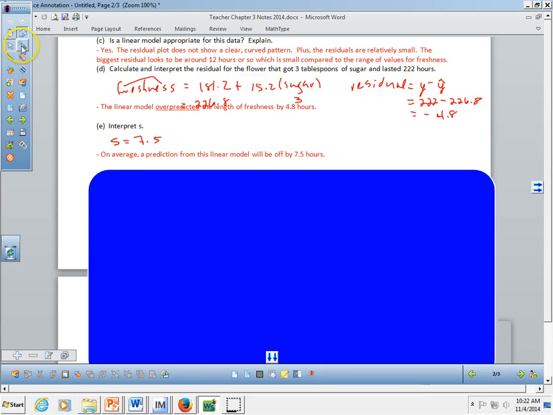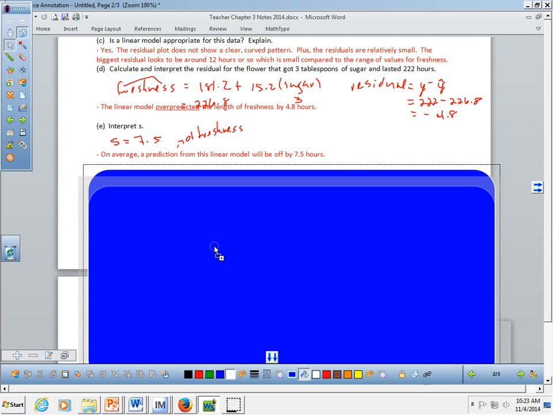It wouldn't hurt, I don't think we talked about this, but always look to make your explanations better. On average, a prediction of the length of freshness from this linear model will be off by 7.5 hours.